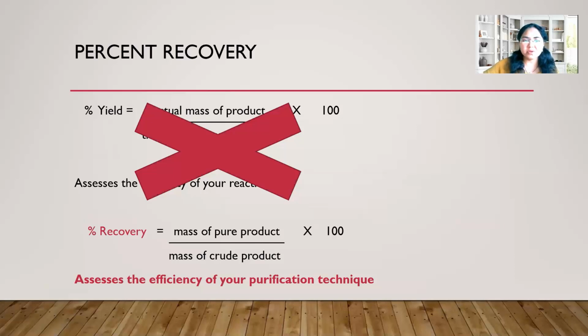Calculate the percentage recovery using the equation and assess the efficiency of your purification technique. The pure product is the sample after recrystallization, and the crude product is the impure sample before recrystallization. On the next page, you will be watching one more video to learn more about recrystallization, and after that, you will perform your experiment for today.